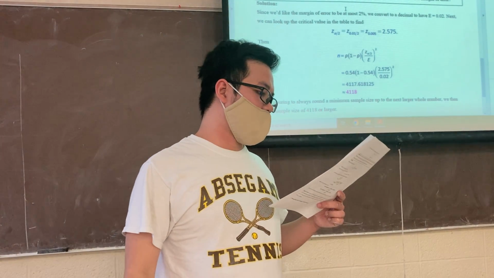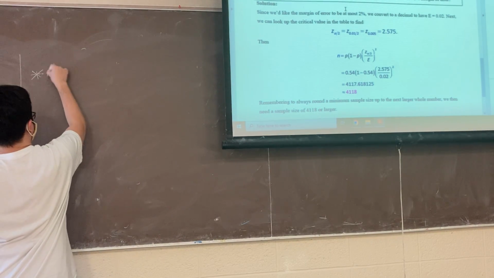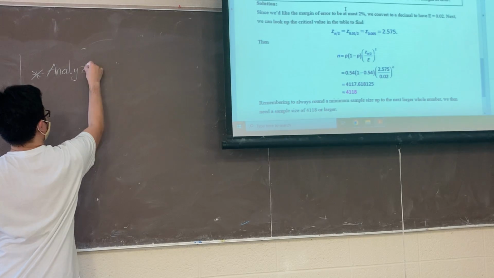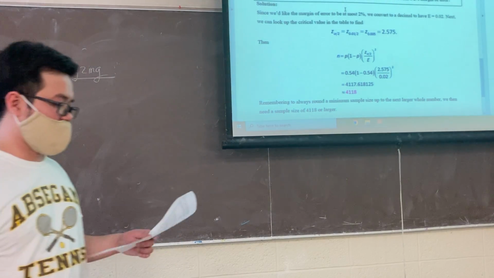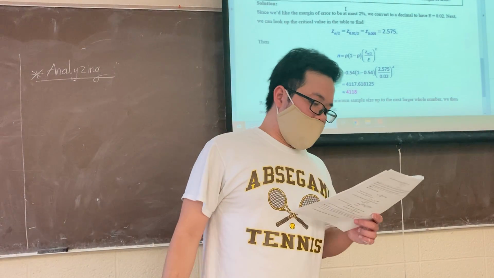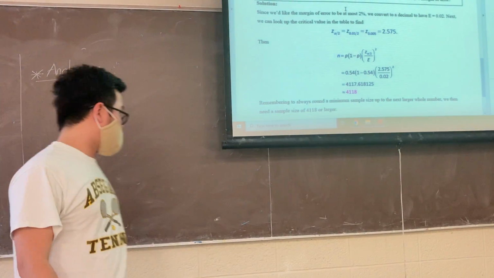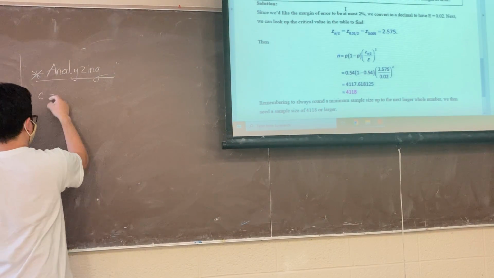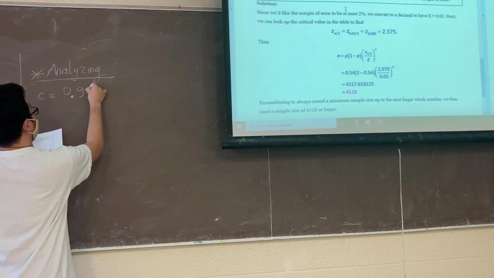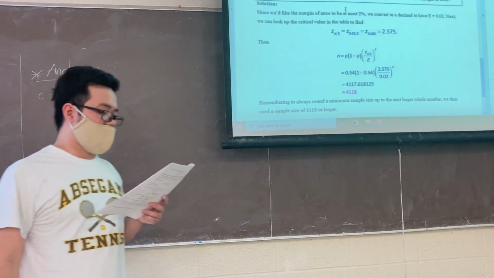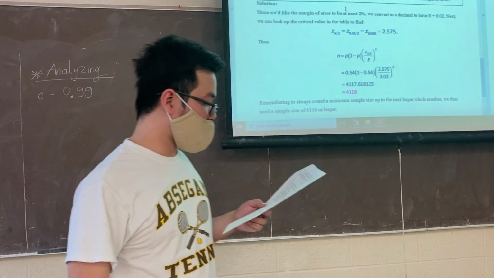Okay. So now, the first thing we need to do is analyze the question. What is the minimum sample size needed for a 99% confidence interval? So now we have the confidence level, 0.99 because this is 99%. That means C here is 0.99, right?